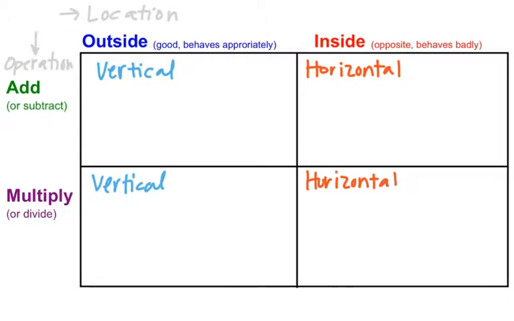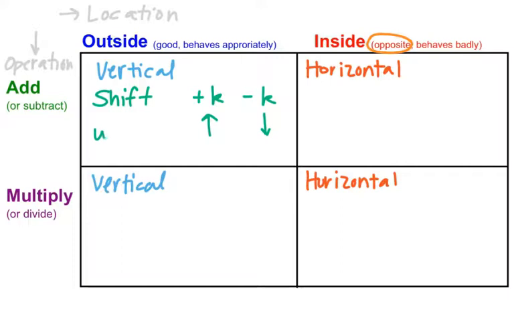And the main thing we want to remember is that outside, good, behaves the way you expect. Inside, thinking about that like being in jail, is always going to do the opposite of what it looks like. So it's a shady little number. Now, if we are adding, that means we will have a shift. So a vertical shift would be plus k up or minus k down.